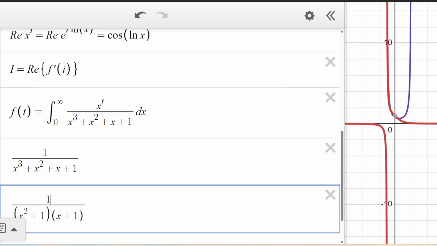We can add an x and subtract an x to make it look like this. And then we just have a 1 over x squared. Okay, let's see. And then we can add an x here.